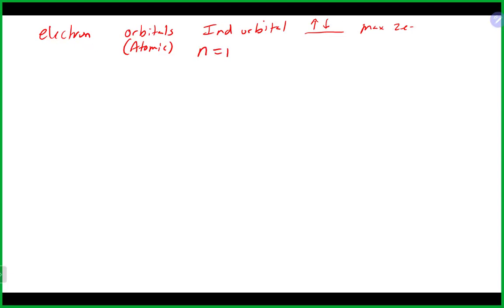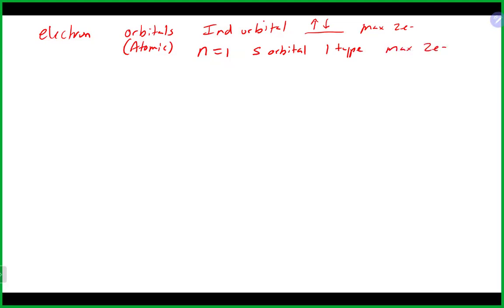On that very first energy level, which is the lowest in energy, closest to the nucleus, there is only an s orbital present. And there's only one type of s orbital, which means it would max out at 2 electrons if you filled it.